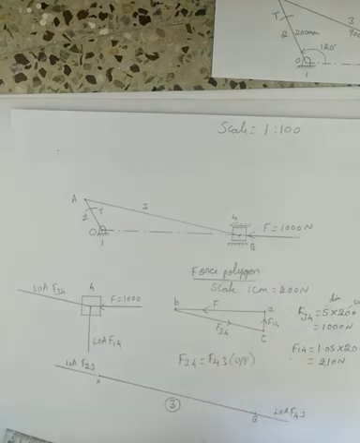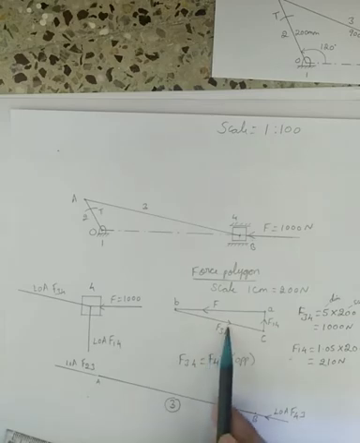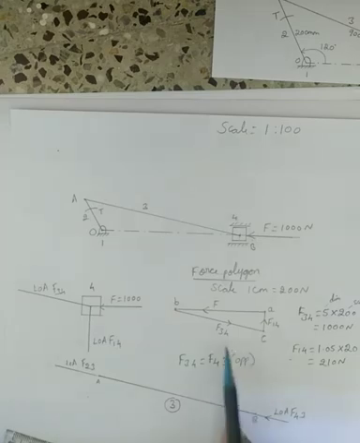So F34 is acting downwards, which means F43 should be acting upwards. The magnitude will be the same. F34, how much is it? 1000 Newton, so F43 is also 1000 Newtons. Only the negative sign will indicate the opposite direction.